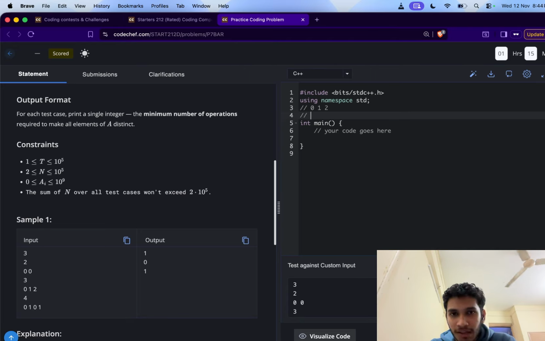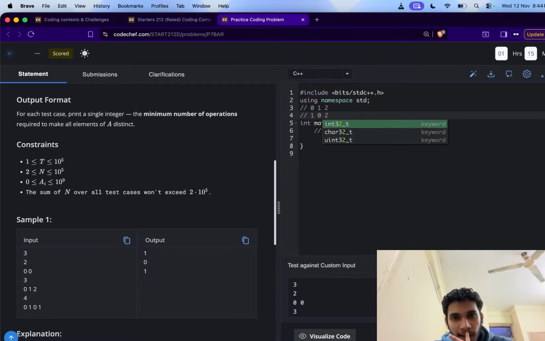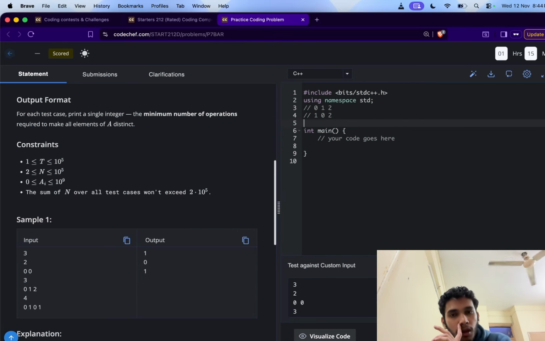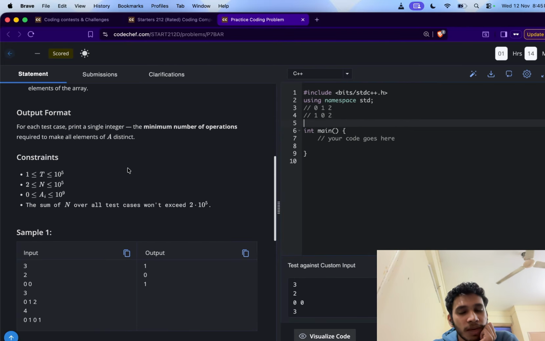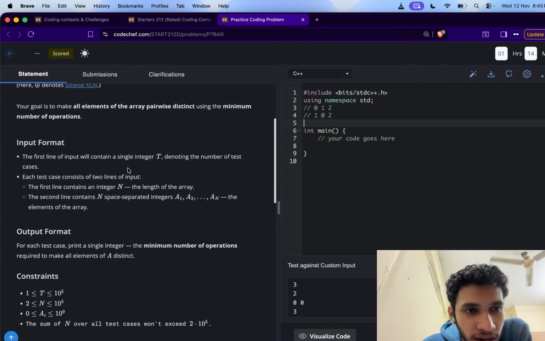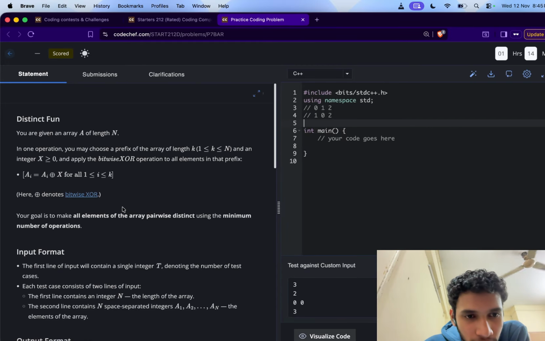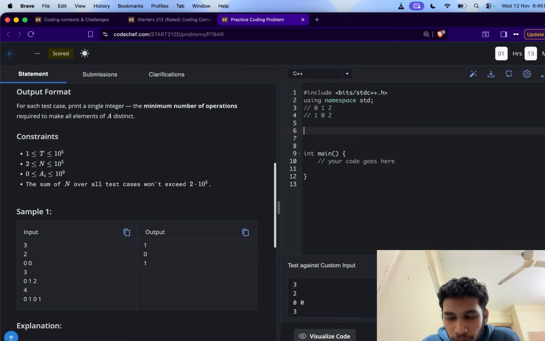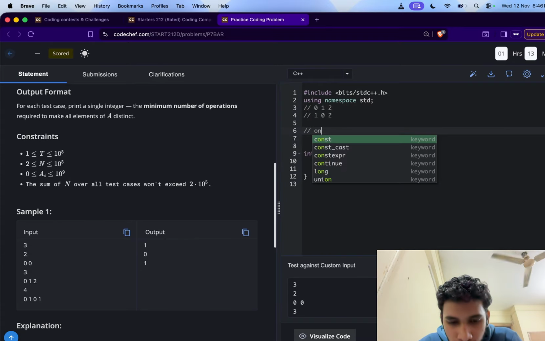Let's say we have chosen x as 1 and index as 2, that is up till this index, 1 based indexing. So we XOR every element with 1, and this is how our array transforms. Alright. And using this, we need to make every element in our array unique. Okay, let's move on to the observation part.